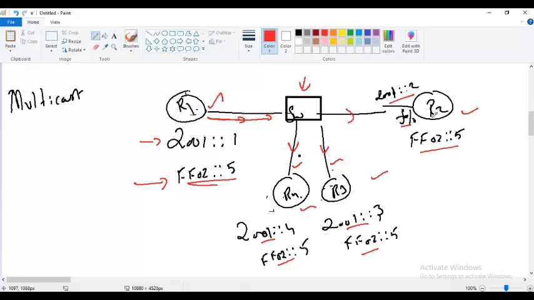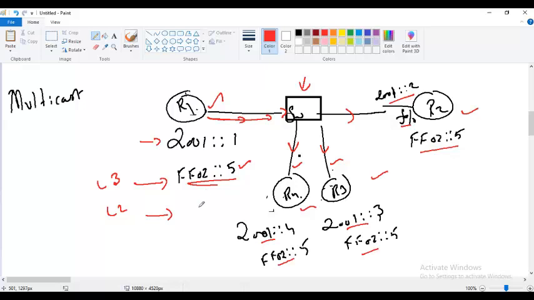I repeat, a copy. Duplication happens on the switch. The packet arrives at the switch with this layer 3 multicast address and layer 2 multicast address, which is also auto-generated. We need not think about that. It is taken care of.